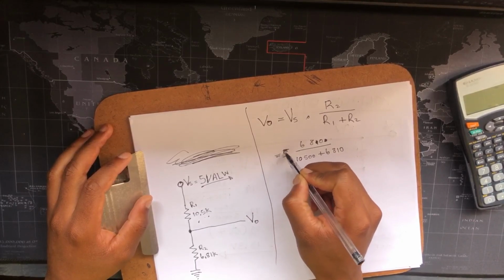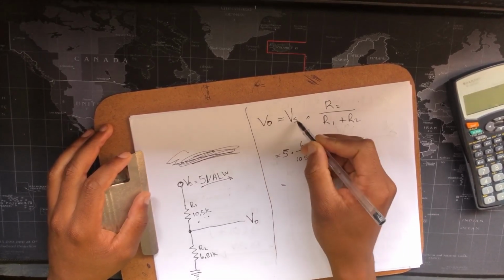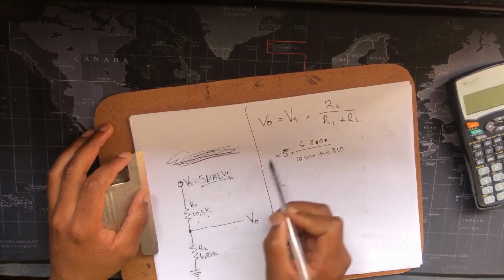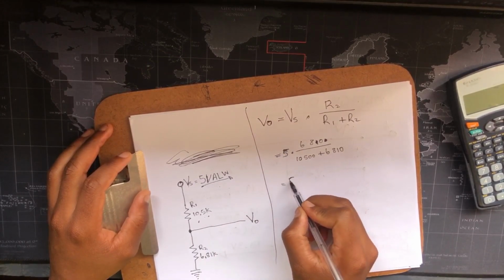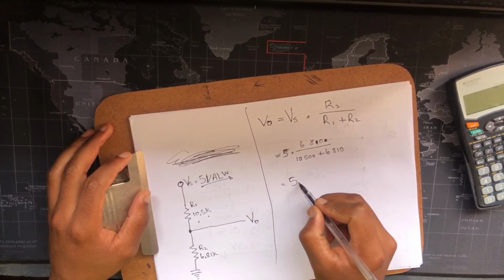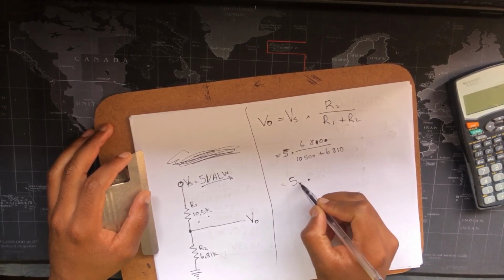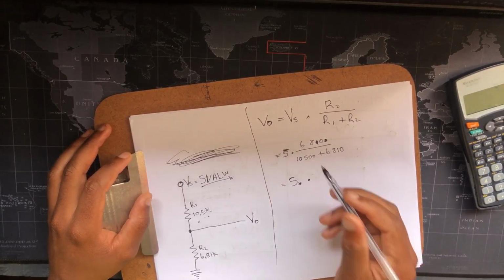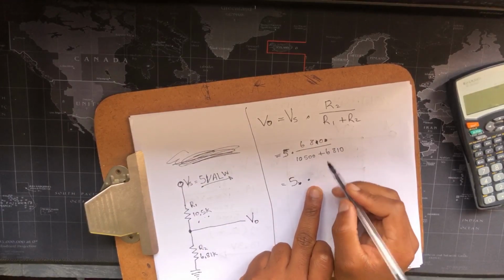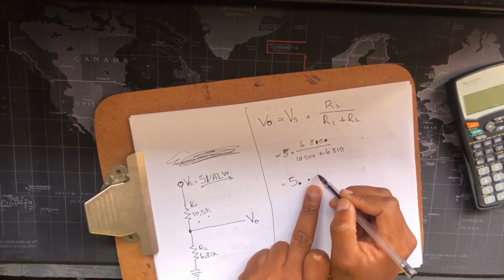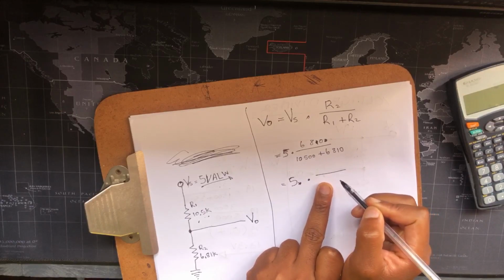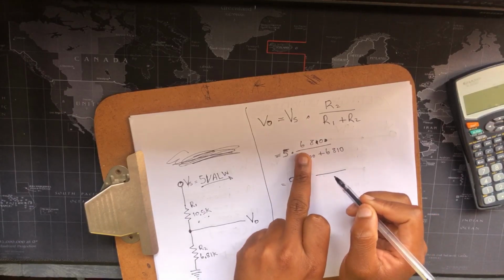We have 5 volts here. VS is 5 volts. Put 5 in there. So you're going to have 5 volts times there on the thing you will have 6.